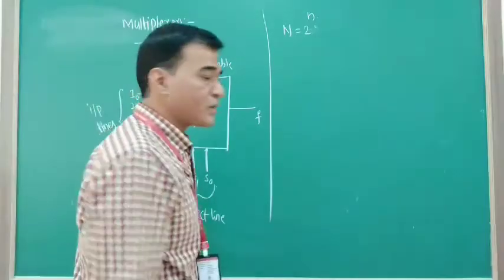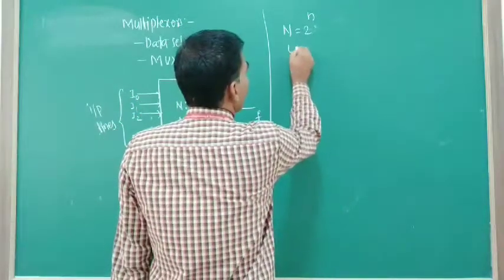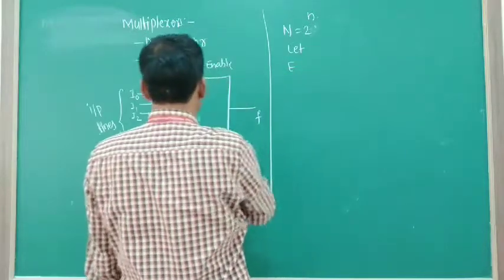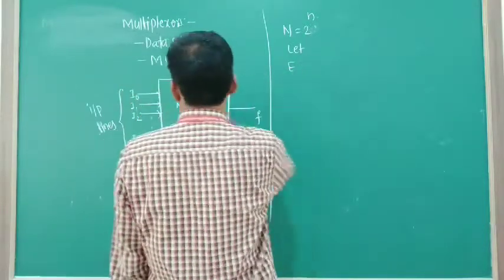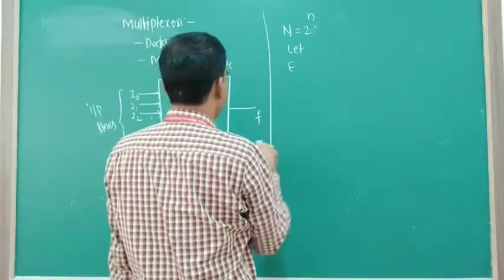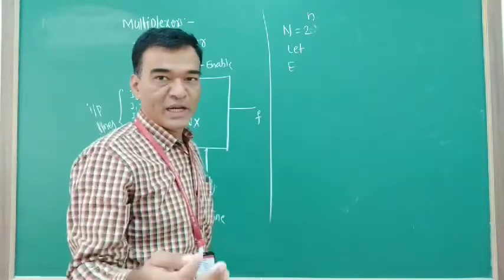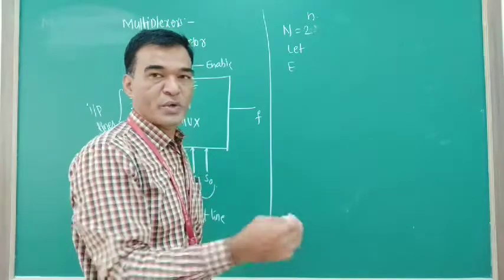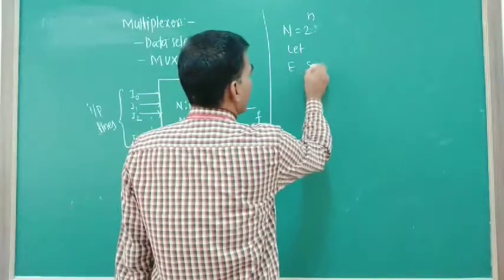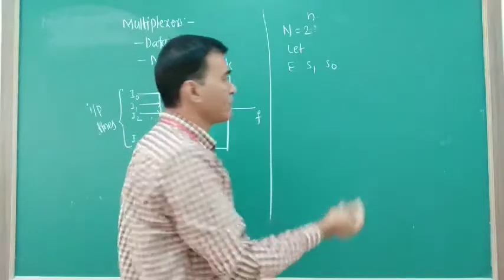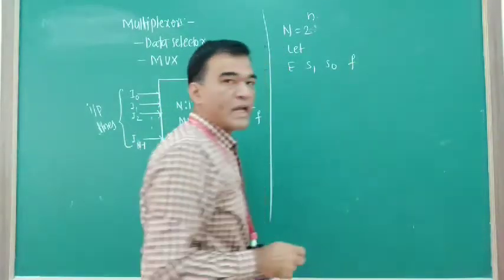Let us consider the truth table. We have the inputs, which are enable, and for simplicity only two select lines, S1 and S0. Depending upon these we select the input line.